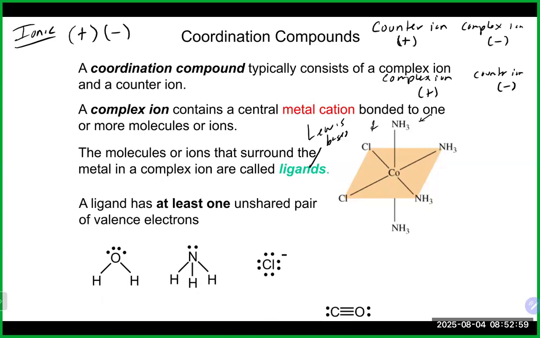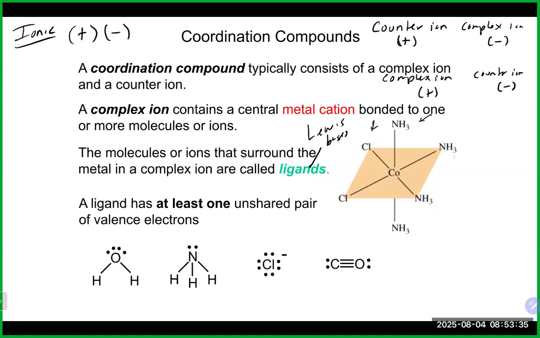What makes a ligand is something that has at least one unshared pair of valence electrons. Since they are going to donate that pair of electrons, typically it is some type of polar molecule that has non-bonding electrons on an electronegative atom, and also definitely things that have a negative charge. If you have a negative charge, it means you have some excess electrons, and then you have something to give in that situation.